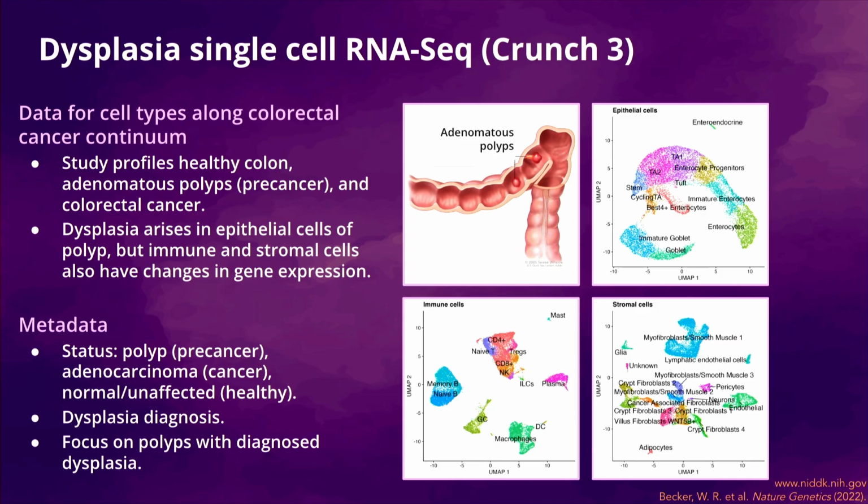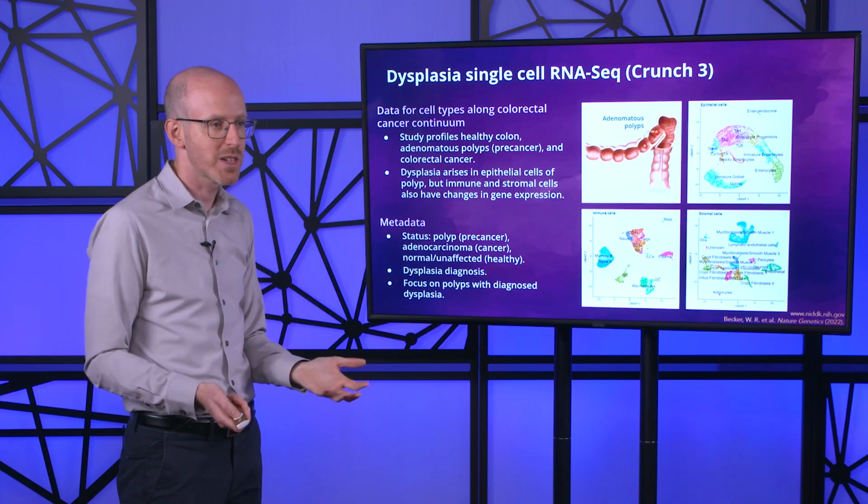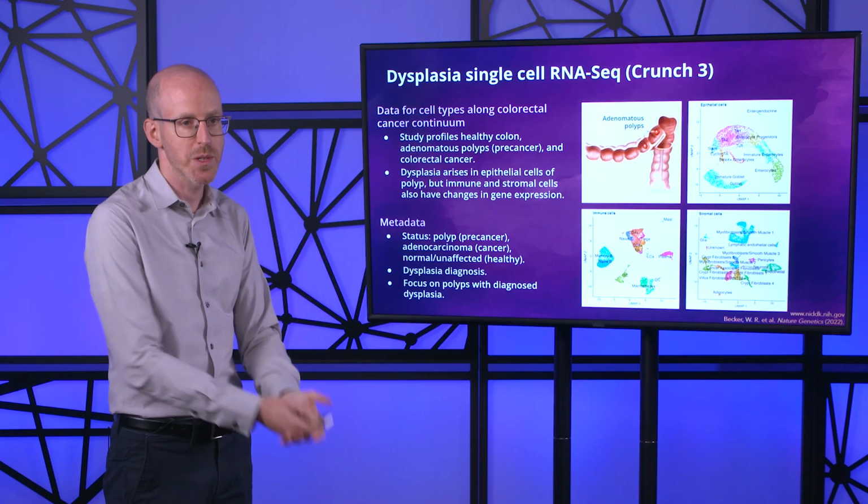In addition, we have the diagnosis of dysplasia from a pathologist, so we know which pieces of tissue have dysplasia in them, and that's going to be important for Crunch 3, where we're focused on dysplasia. And then finally, one thing you might want to focus on as you use this data is those polyps where there is diagnosed dysplasia by the pathologist. So that's going to give you single-cell data from dysplasia samples.